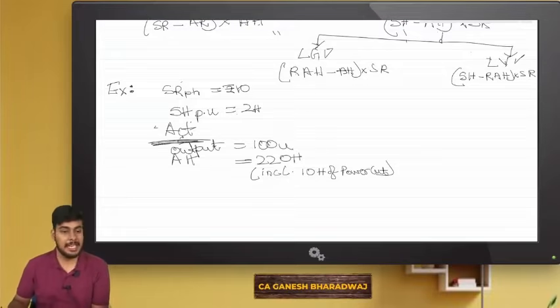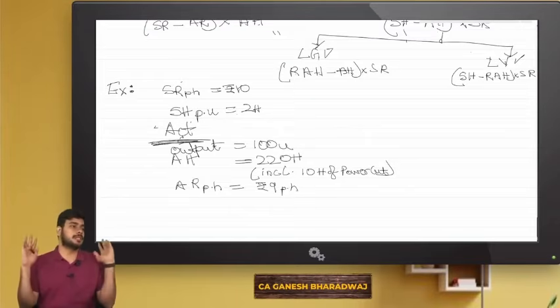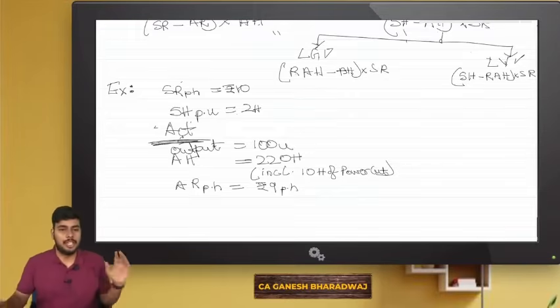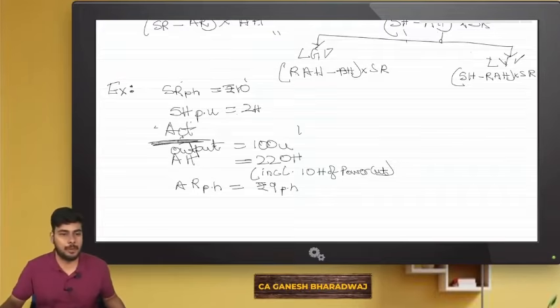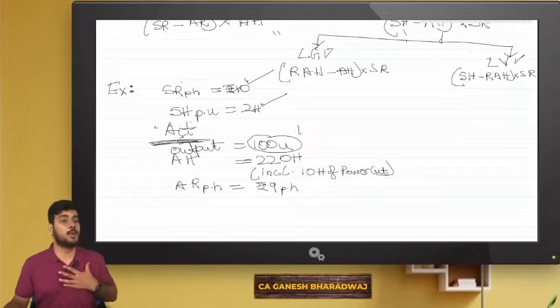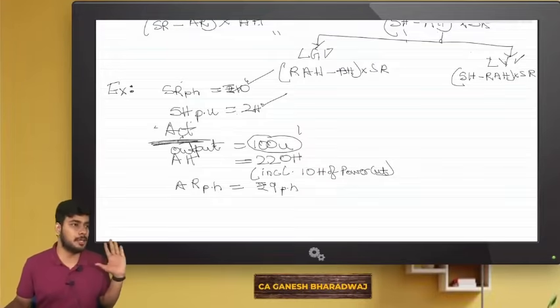Then the actual rate per hour, the HR guys have paid rupees 9 per hour. Are you clear with this? This is the scenario. Every hour you were supposed to pay 10 rupees. And for every unit you were supposed to take 2 hours, which means for the actual output of 100 units, you were allowed to take 200 hours.